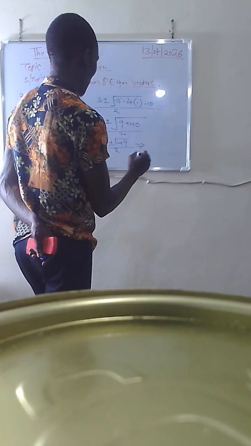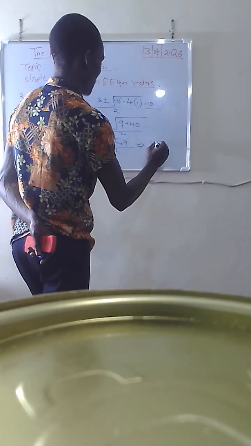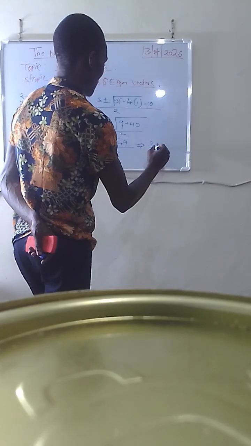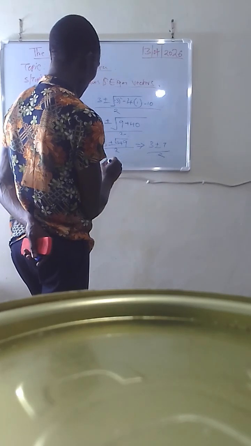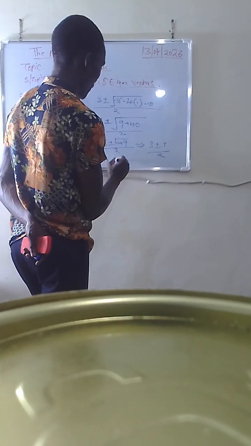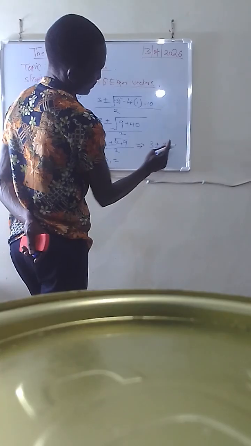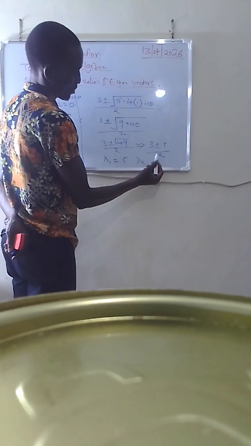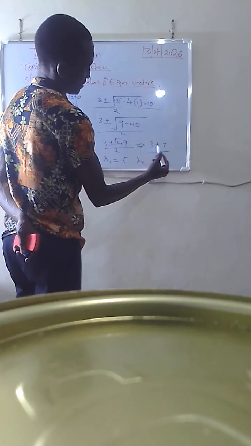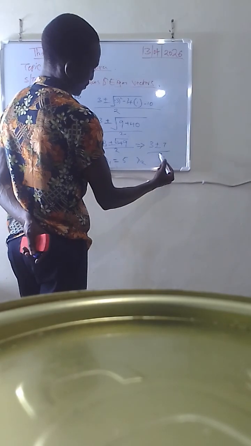That implies 3 plus or minus 7 over 2, where lambda 1 is 3 plus 7 over 2, which is 5, and lambda 2 is 3 minus 7 all over 2, which is negative 2.